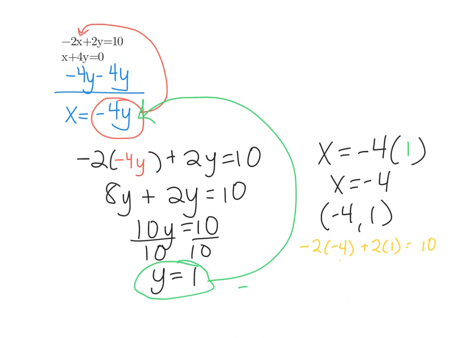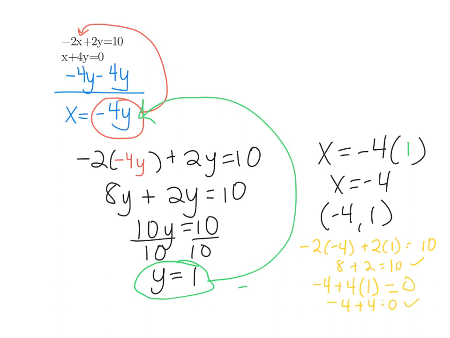And what I see here is this gives me positive 8 plus 2 equals 10, and that holds true. And then is x, which is negative 4, plus 4 times 1, which is y, oops, I lost the 1, equal to 0? And I get negative 4 plus 4 equals 0, and that holds true as well.